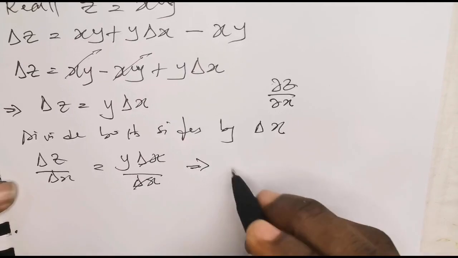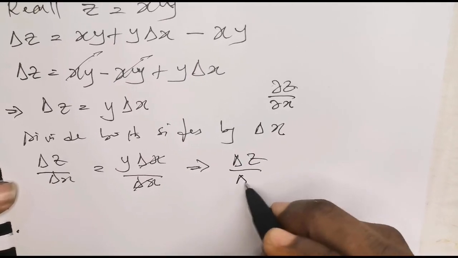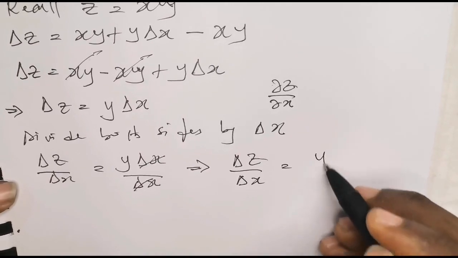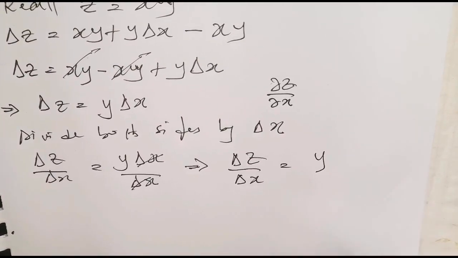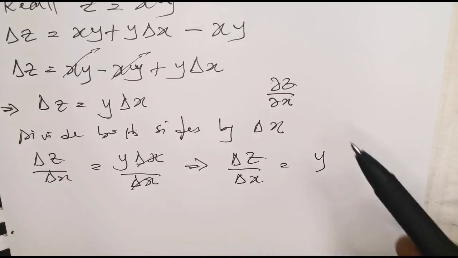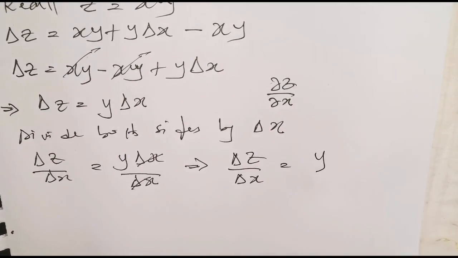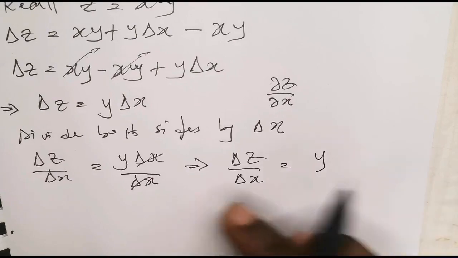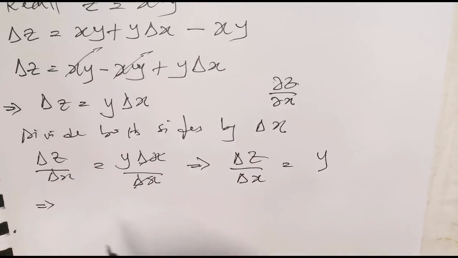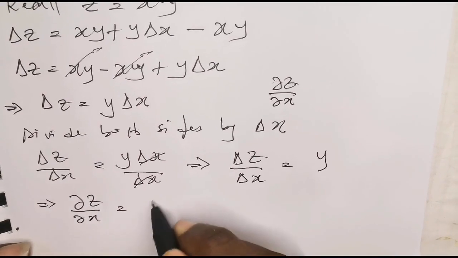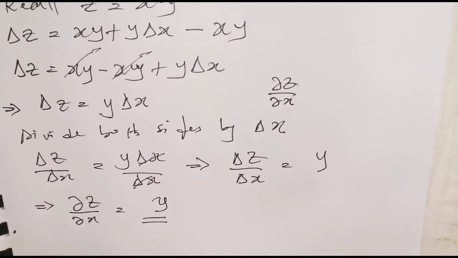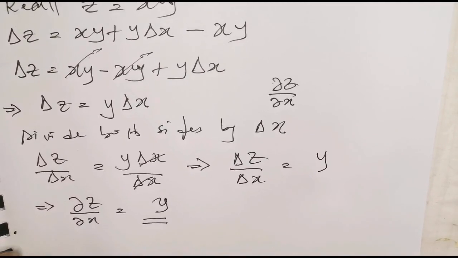This simply implies that change in z all over change in x automatically becomes what? y. Since I have change in z over change in x to be y, observe now that there is no other term attached to y, no other variable in x or change in x attached to y. So this simply implies that the partial derivative of z with respect to only x gives you what? The value as y. So the answer to that question is simply y.